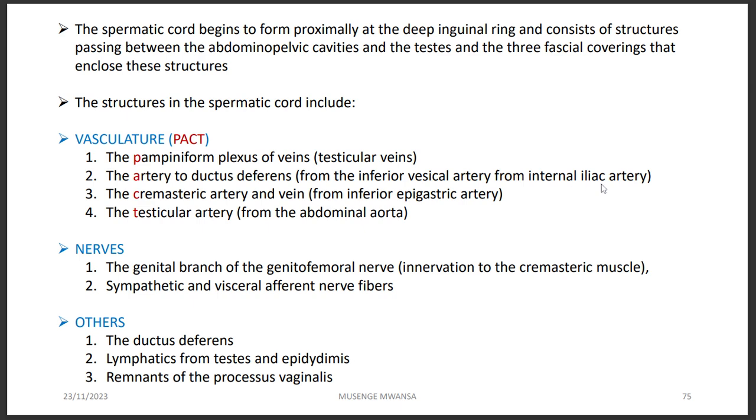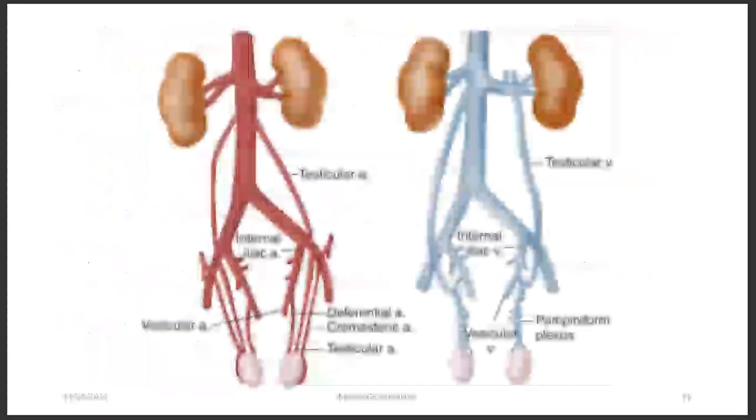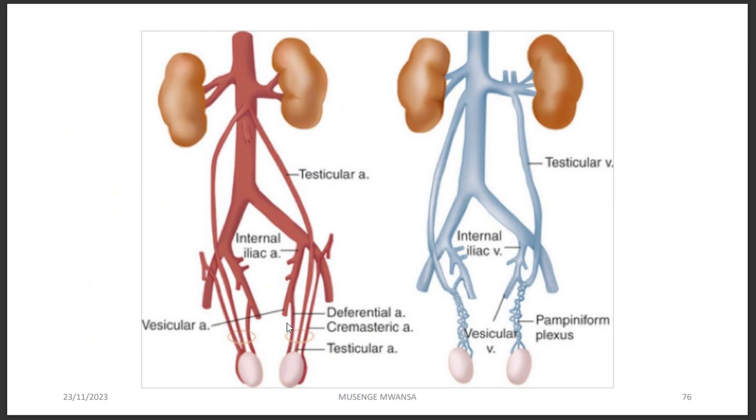It will come from actually the inferior vesicle. Okay? The internal iliac will give the inferior vesicle artery, and that inferior vesicle artery will be now the one where the artery to ductus deferens will be able to come out. These are questions they like asking. Just take note of that.